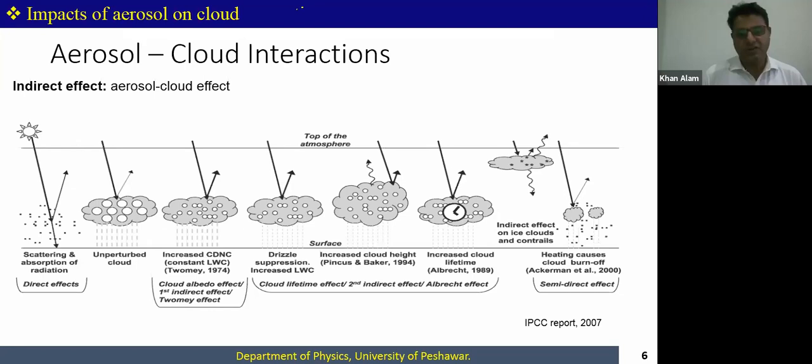Furthermore, in the semi-direct effect, absorbing aerosol can produce heating within the cloud. So the temperature will rise, and resulting the cloud will evaporate and we have no precipitation.